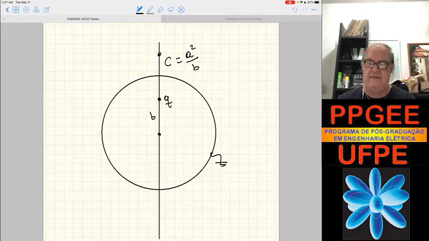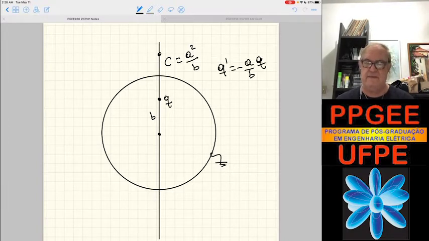And also the same thing, the induced charge equals minus A over B times Q, right? Same result.